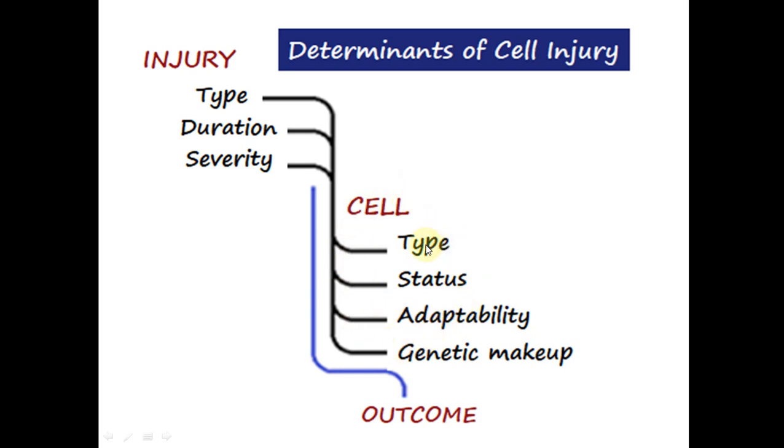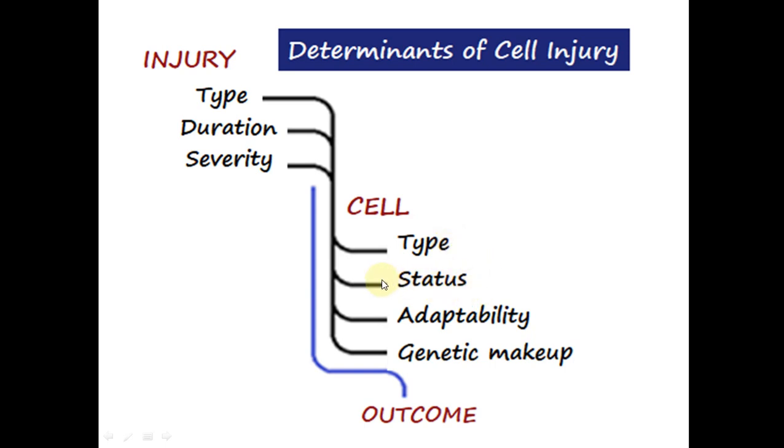For example, skeletal muscle cells can tolerate ischemia for about hours, while cardiac muscle cells die within 20 to 30 minutes, and the cells of the nervous system die more quickly. So the type of the cell, if it is a skeletal muscle cell, will sustain injury for longer periods than if it is a cardiac myocyte or a nervous cell.